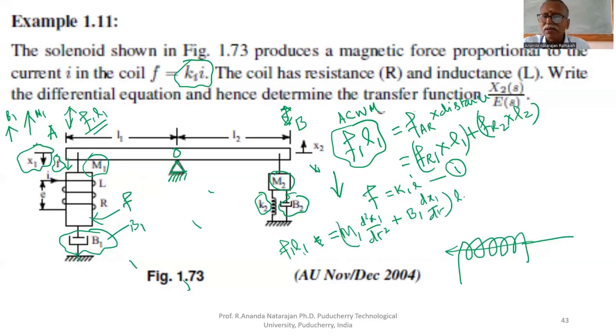Plus at this end, the reaction forces developed because of M2: M2 d squared x2 by dt squared multiplied by L2, plus B2 dx2 by dt multiplied by L2, plus K2 x2, all multiplied by L2. That's all.